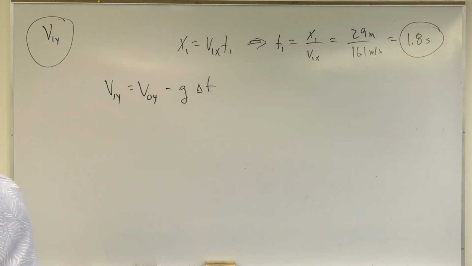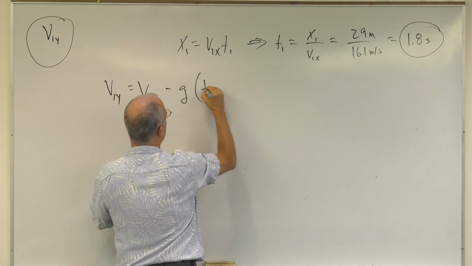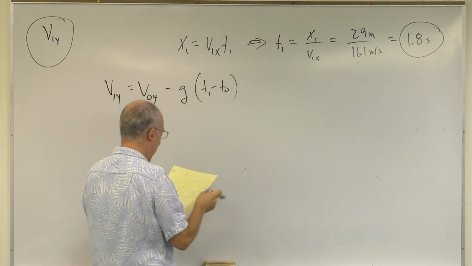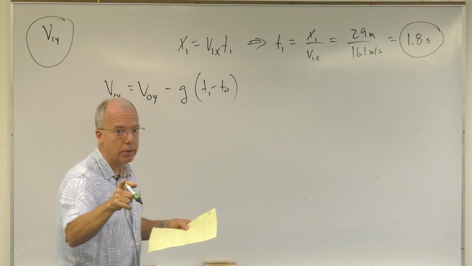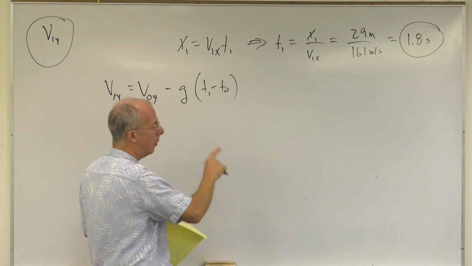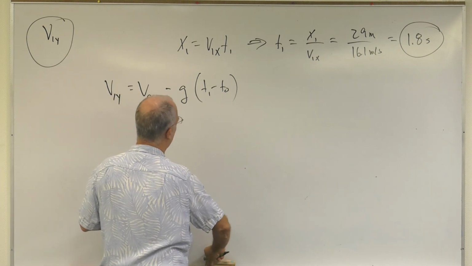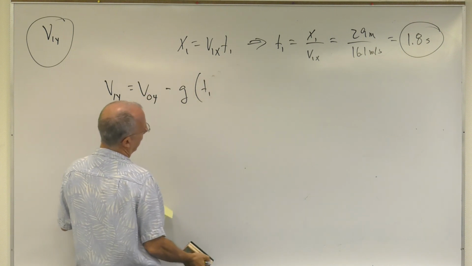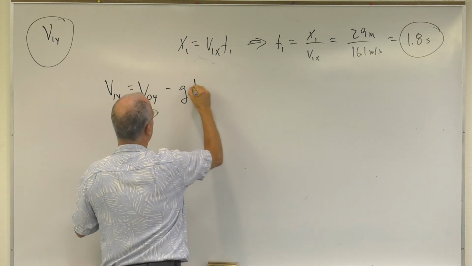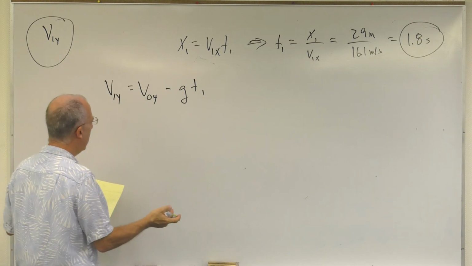What is that? Well, delta t is t1 minus t0, but as usual, not always, so you got to be careful. Sometimes we have a two-part problem, and t0 will not be 0. But for this situation, t0 is 0, so we don't worry about it. Oh, this is wonderful. We don't have to do hardly anything.